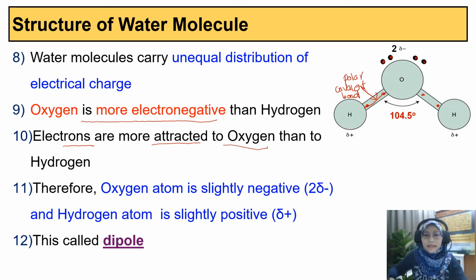That's why the structure of the water molecule becomes bent and forms the non-linear V shape. This also gives rise to the dipole condition, which means the oxygen atom becomes slightly negatively charged, while the hydrogen atom becomes slightly positively charged.